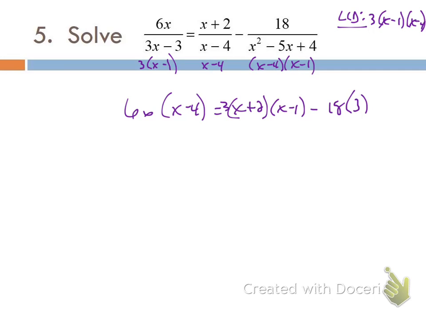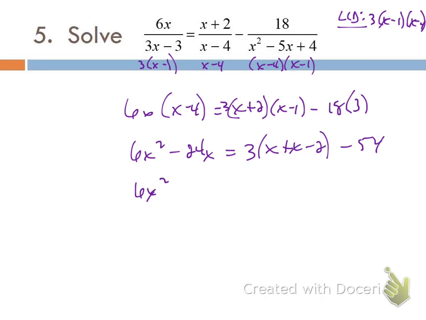All right, we get this. So multiply out. X squared plus x minus 2 minus 54... oh, that's x squared.